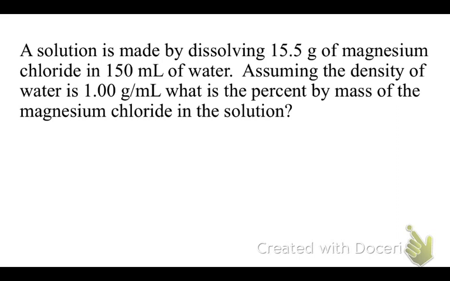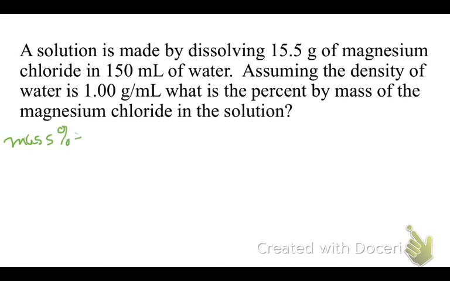So I have a solution made by dissolving 15.5 grams of magnesium chloride in 150 milliliters of water. We're given the density of water as being 1.00 grams per milliliter. What is the percent by mass of the magnesium chloride in solution? All right, so it's asking me a mass percent.